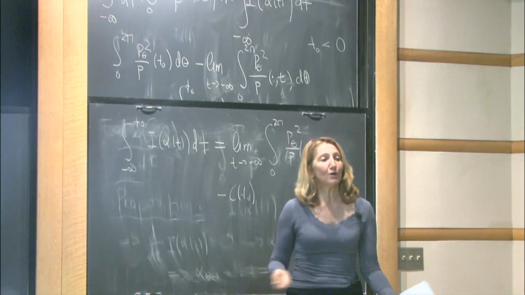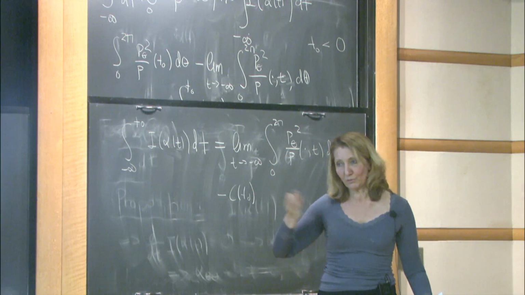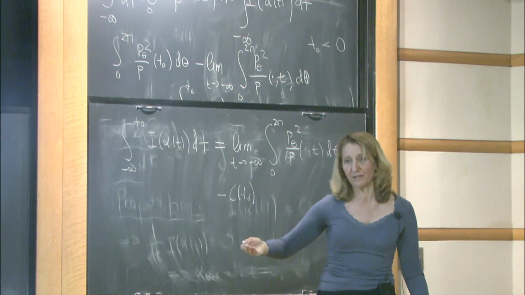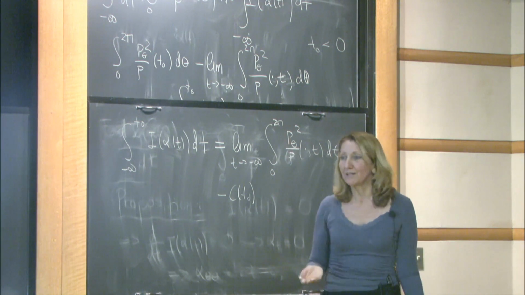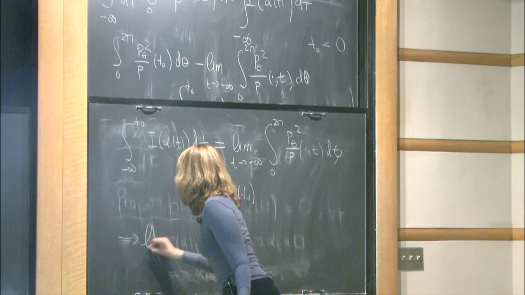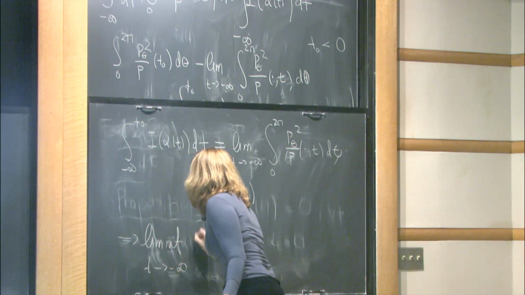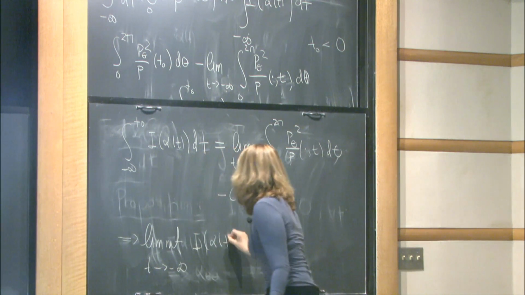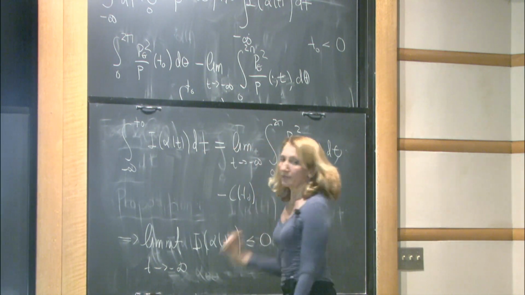Since you don't know that this is positive, you know that the lim inf has to be less than or equal to 0, because if the lim inf is positive, then you get something that blows up. So this implies that the lim inf as t approaches minus infinity of I of alpha of t is less than or equal to 0, and we are done.